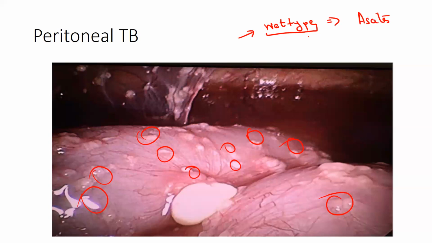Wet type usually presents with ascites. Next, you have the encysted or loculated type, in which there is a localized abdominal swelling. Then you have your fibrotic type.